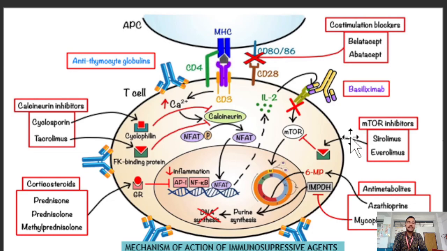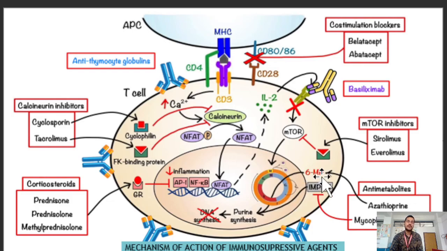After this, the next category is called anti-metabolites. The examples are azathioprine and mycophenolate mofetil. The first one, azathioprine, is the prodrug of 6-mercaptopurine, which is the main analyte. This 6-mercaptopurine will work on the cell division stages to inhibit DNA synthesis.